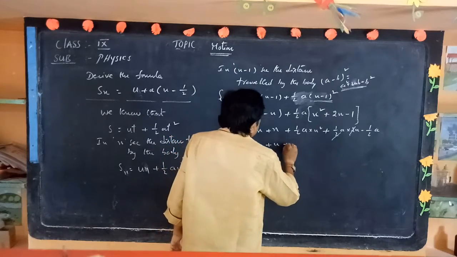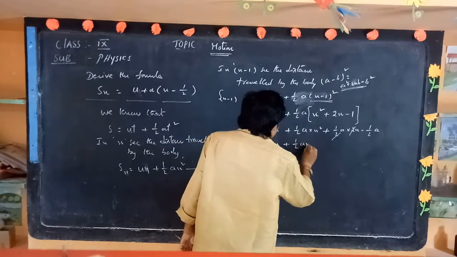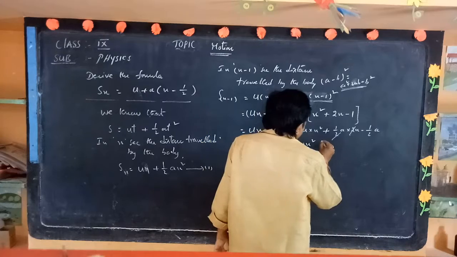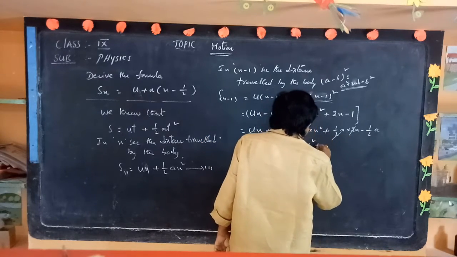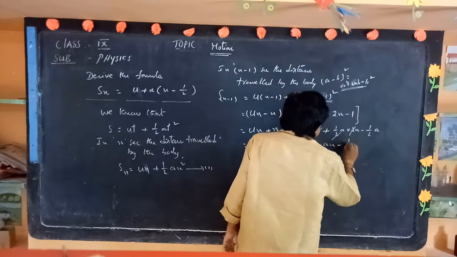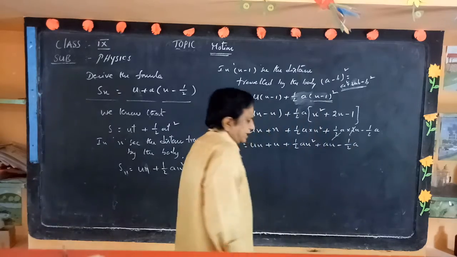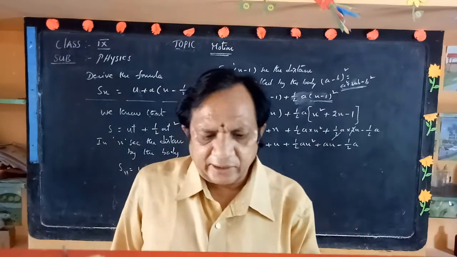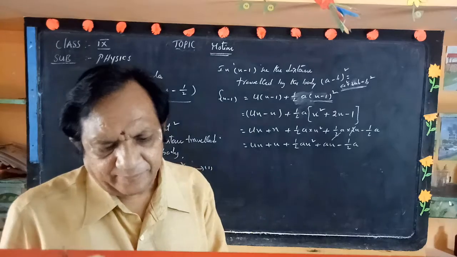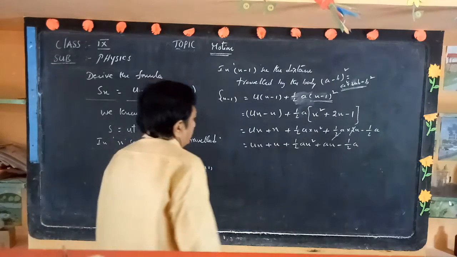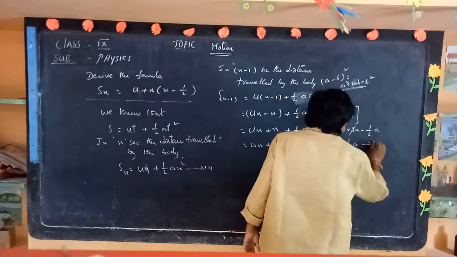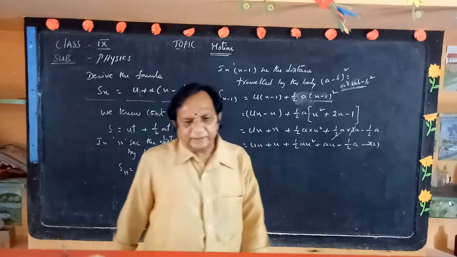Un minus u plus half an square minus an plus half a. Let it be equation number 2.